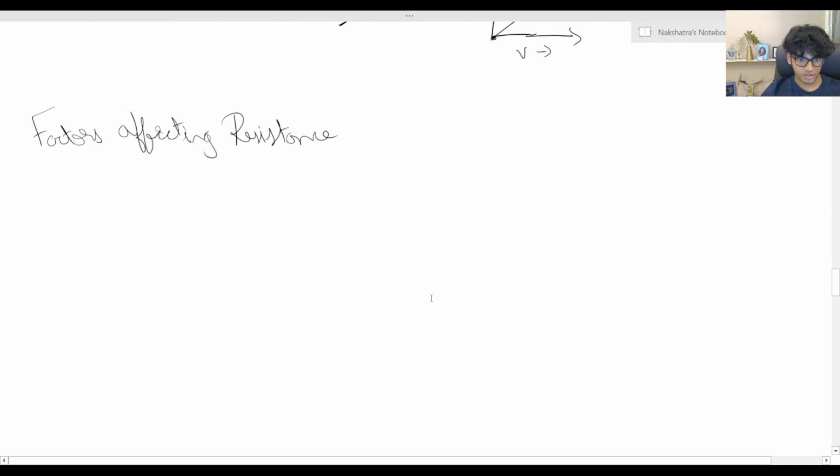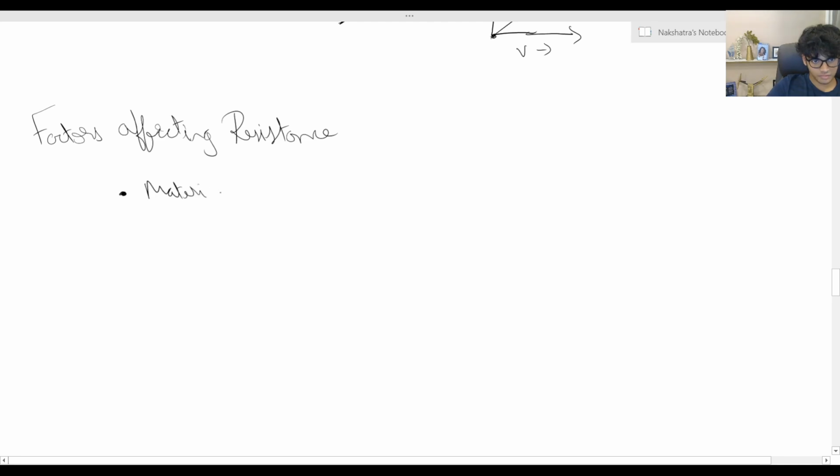Now we move on to the factors affecting resistance. We will be discussing 4 factors. First one is going to be material. When it comes to material, if we talk about just conductors in general, if a material has free electrons, then it is a conductor.